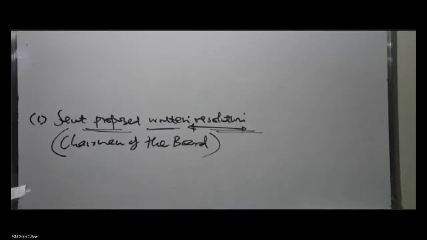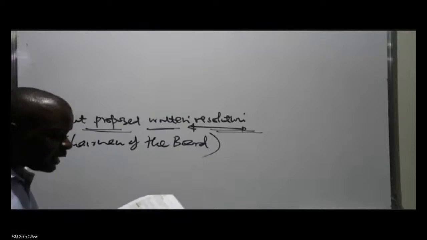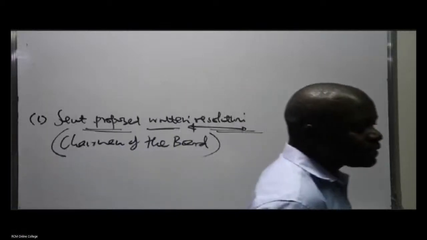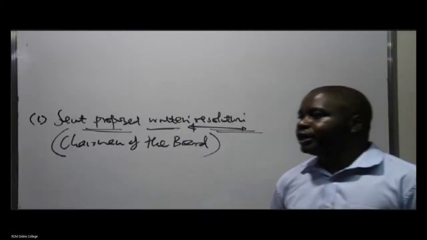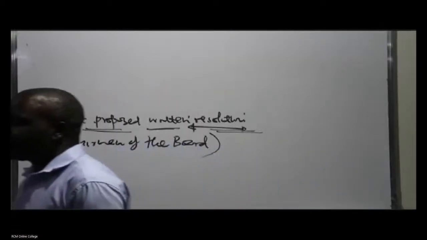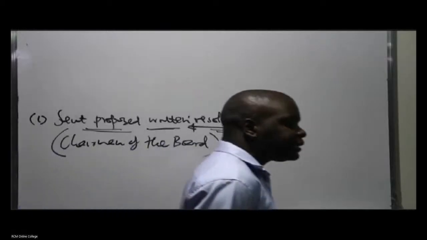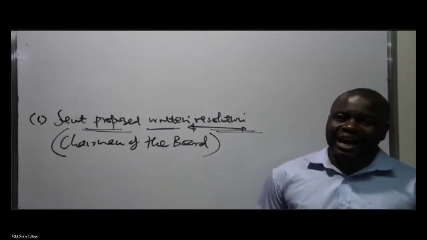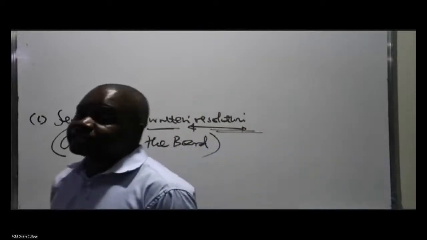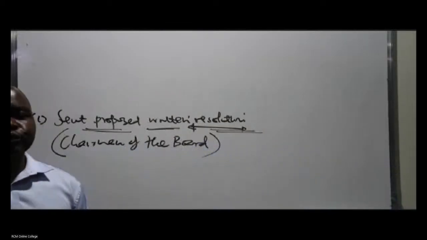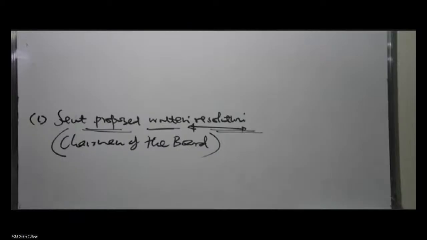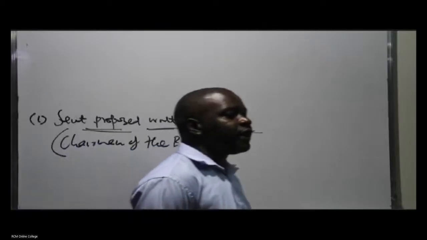Proxy. The right to be sent a copy of the company's annual financial statements once they have been approved by the auditor. That is, the auditor has already given out his report, his opinion. So the audited financial statements, before we convene at the AGM and approve these annual financial statements, you as a member of the company are entitled to get a copy of these annual approved or audited financial statements.